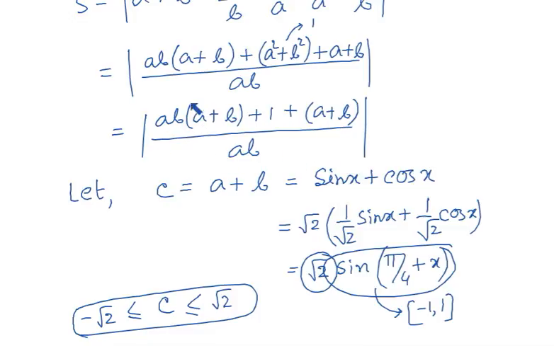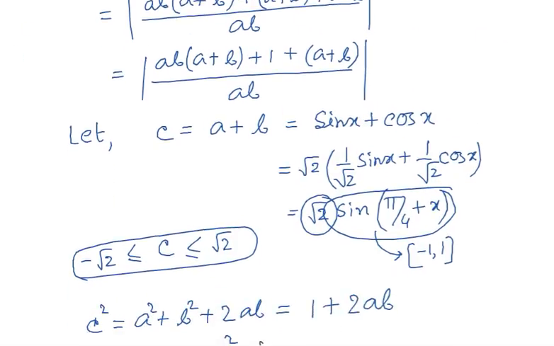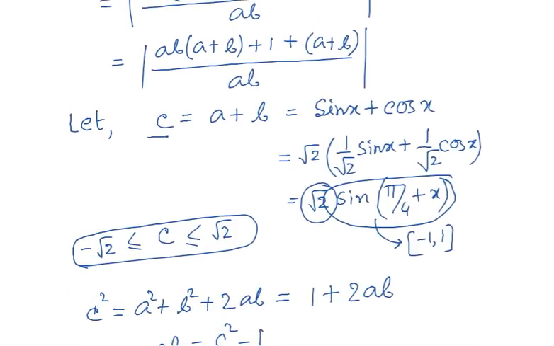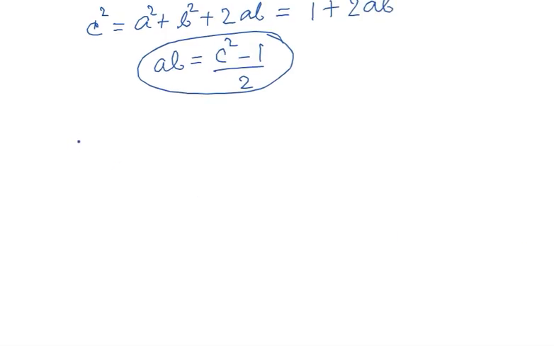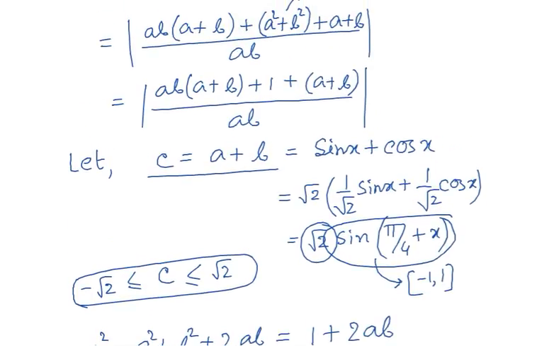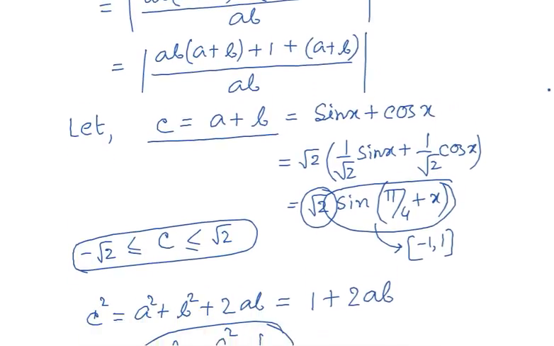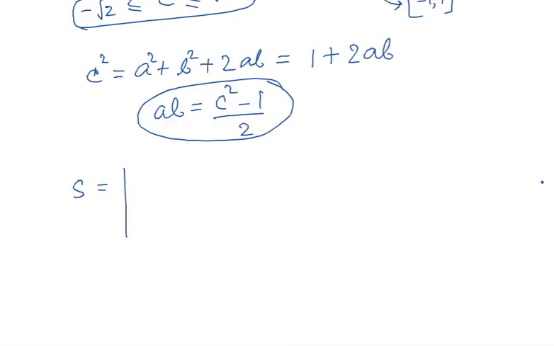So this whole expression now can be written in terms of a single variable, that is c, which will be easy to analyze, because we know that a plus b equals c, according to our assumption, and now we have obtained that ab equals c square minus 1 by 2. So the expression value in terms of c, if we calculate, you can see that a plus b equals c, and ab is c square minus 1 by 2.